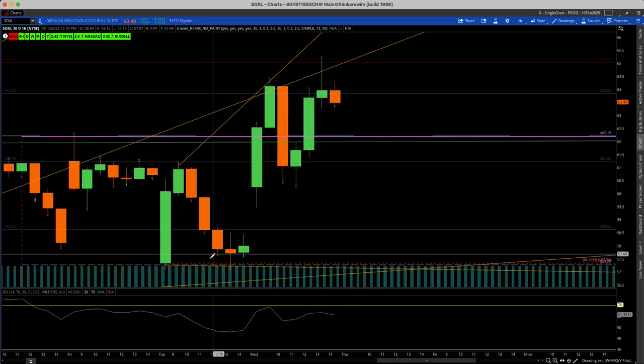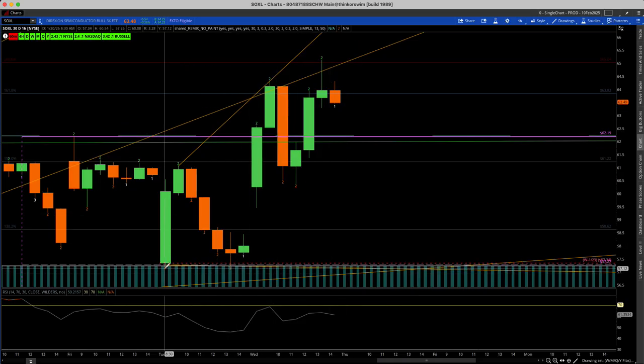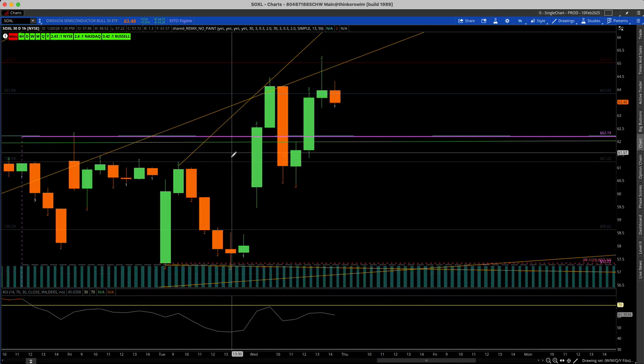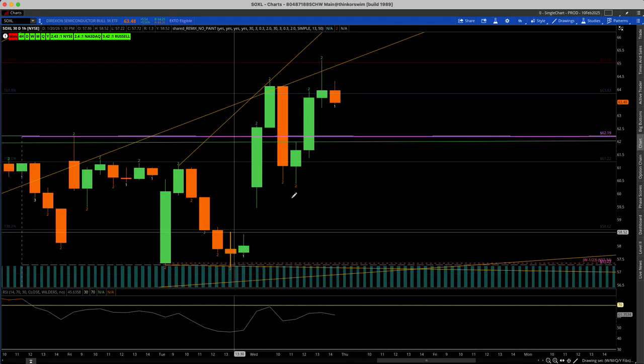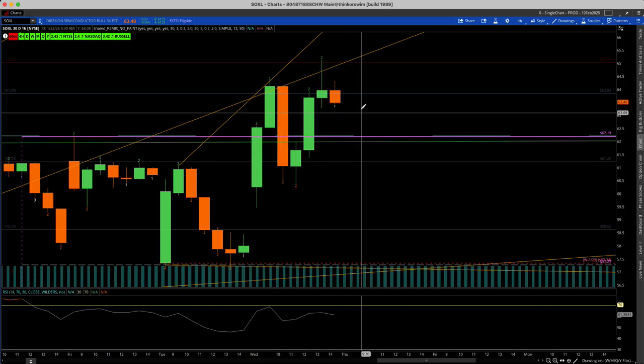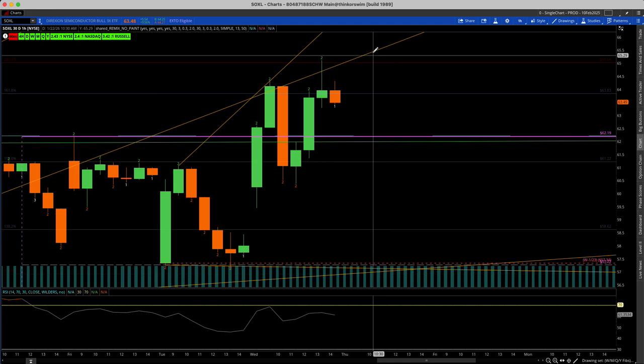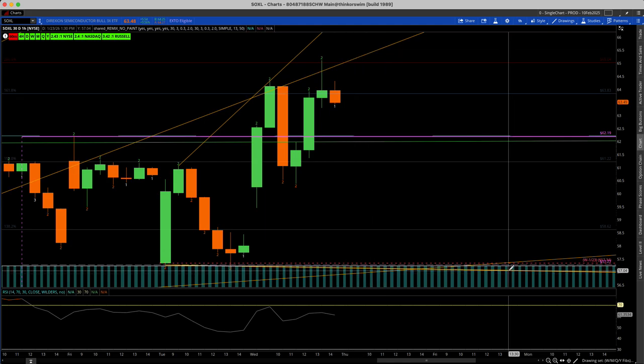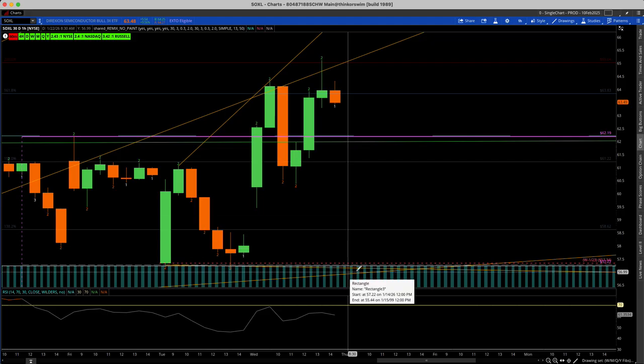Obviously skewed to the upside. The bottom one is a pretty flat broadening formation, but again, it did create a broadening formation. So we went from this broadening formation to an uptrend within the broadening formation. Now we've got to see, do we pull back again and make another higher low to continue this uptrend, or do we come back down and continue to expand the broadening formation, but to the downside?